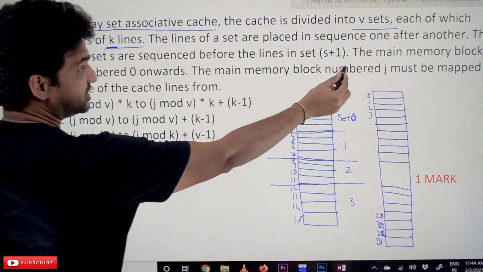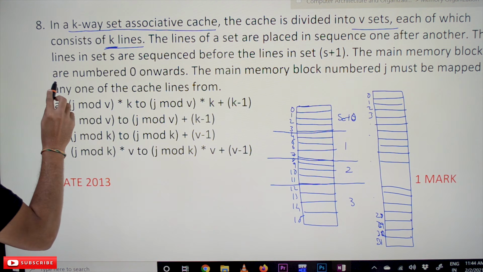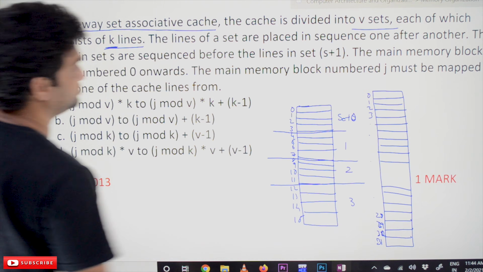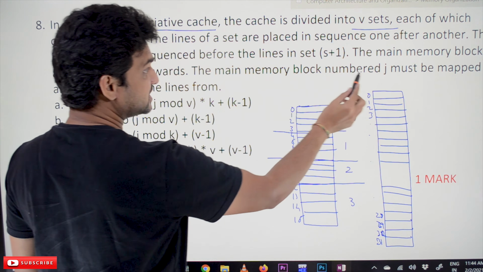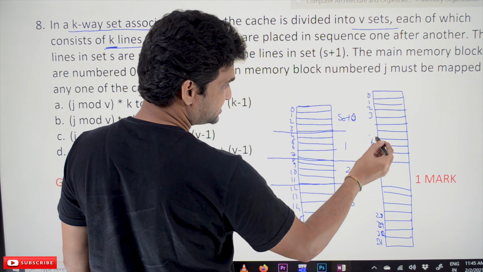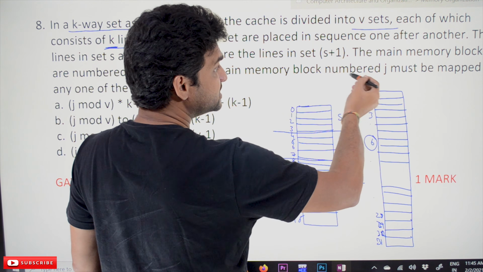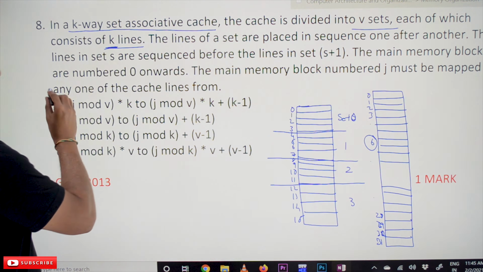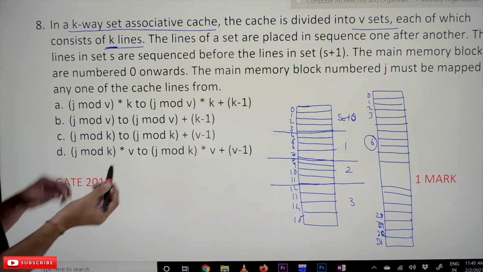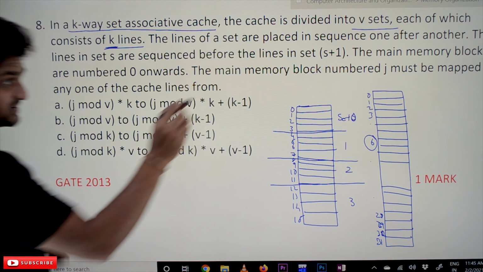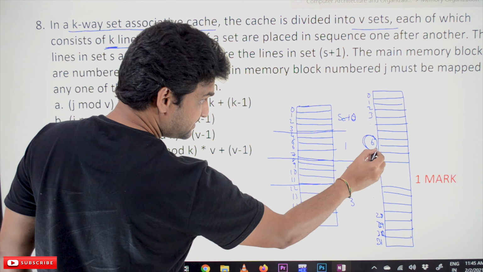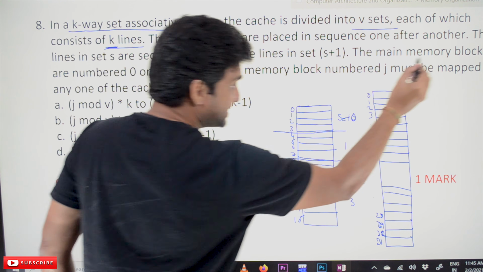The main memory blocks are numbered 0 onwards. For the main memory block numbered J, for example, take block number 6, J must be mapped to one of the cache lines.